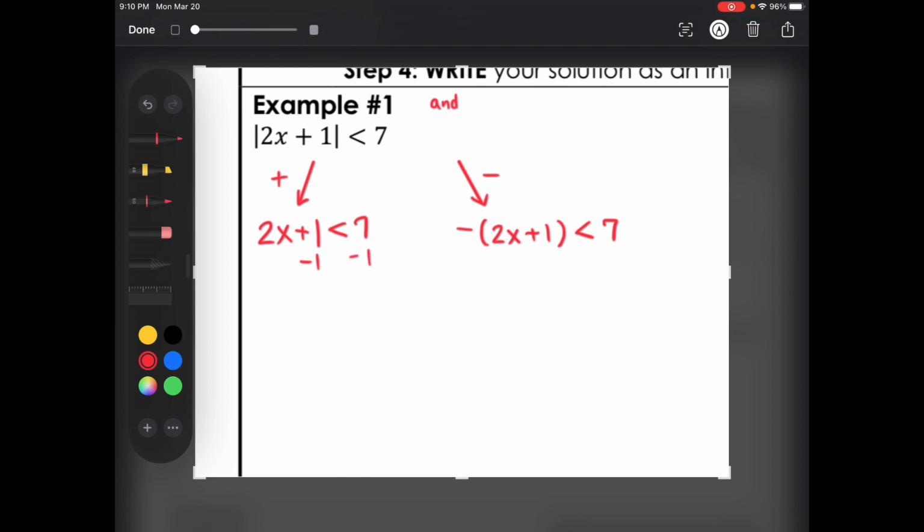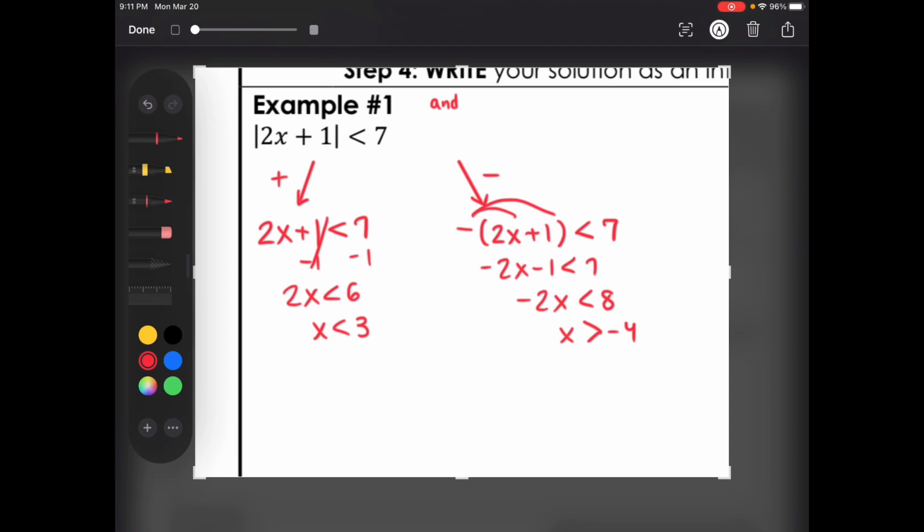So over here, I'm going to solve. So x is less than 3. And then over here, now you can either choose to distribute that negative or you can divide by it, either way. I'm going to add the 1. And when I divide by that negative 2, it's going to flip my inequality. So x is less than 3, but greater than negative 4.